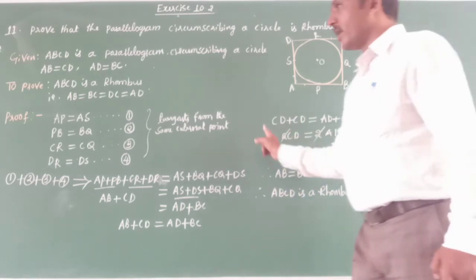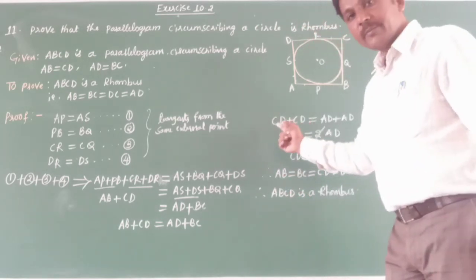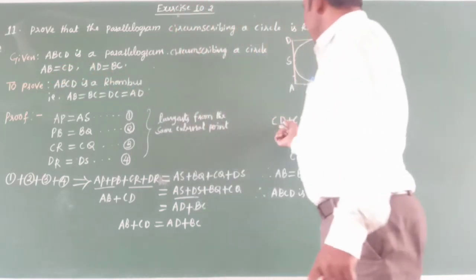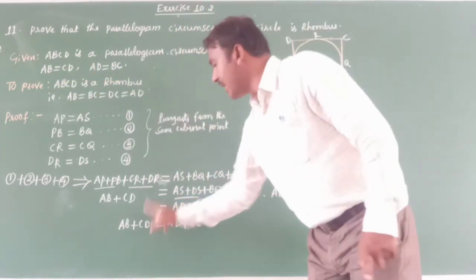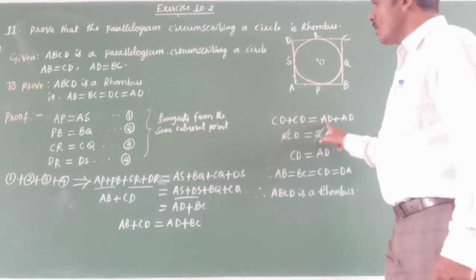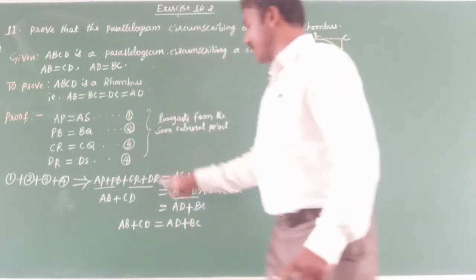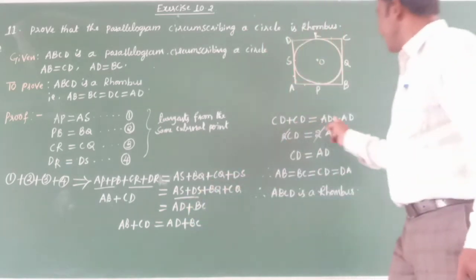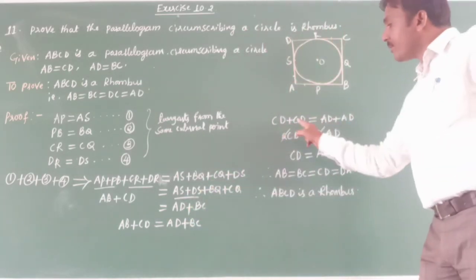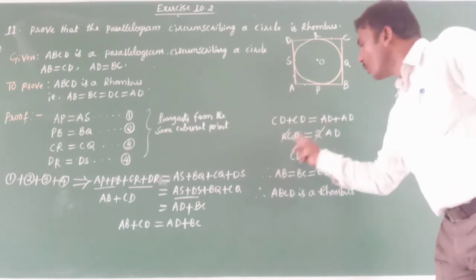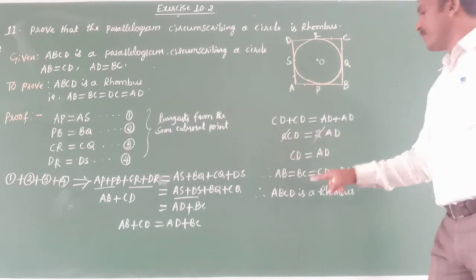So in place of AB, we can write CD. I have replaced AB with CD, plus this CD as it is, equal to AD plus BC. I have replaced BC with AD. So CD plus CD gives us 2 CD, equal to AD plus AD, which is 2 AD. The 2 gets cancelled, so CD is equal to AD.